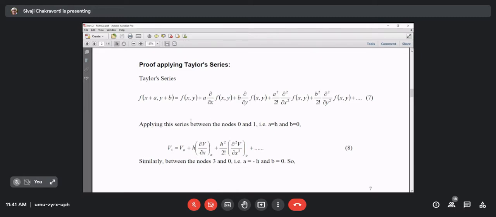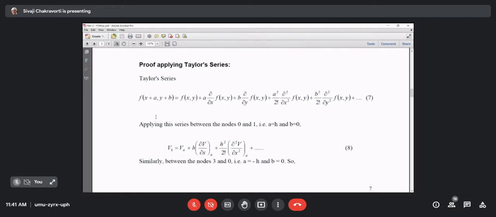Of course, I have written it in two dimensional because if it is three dimensional, there will be a z term in it. Now, Taylor series is a formidable series when you look at it, but just look at it and then try to see what is actually Taylor series.